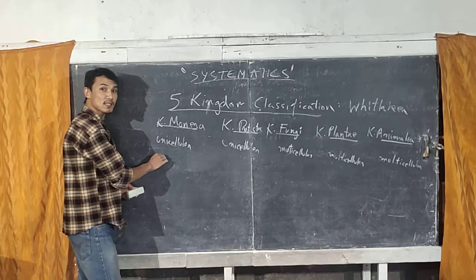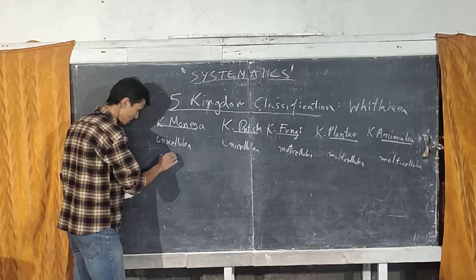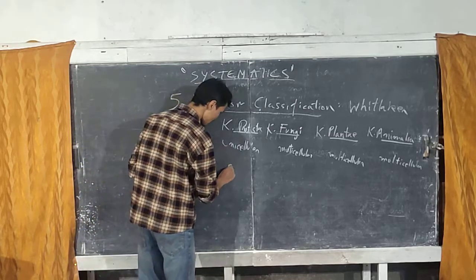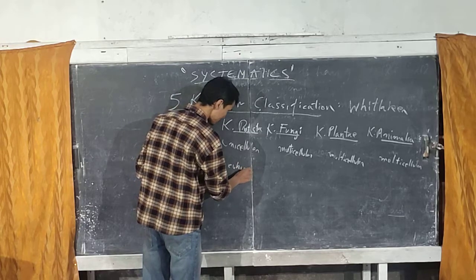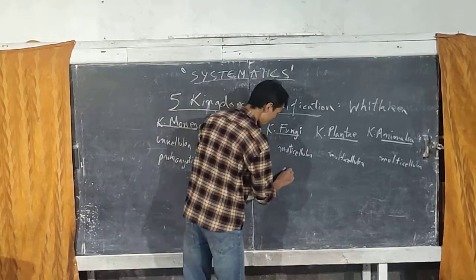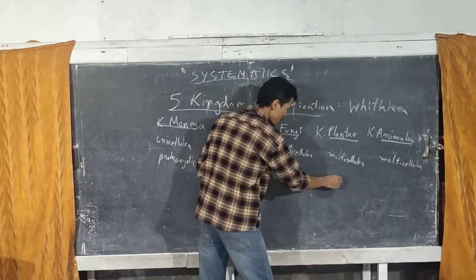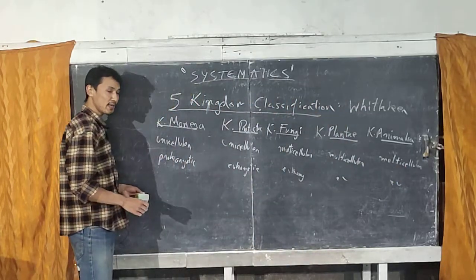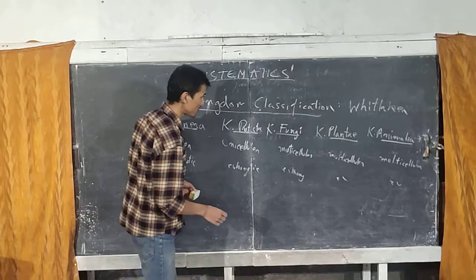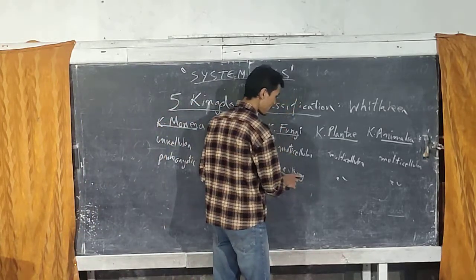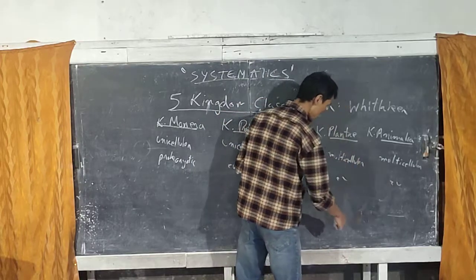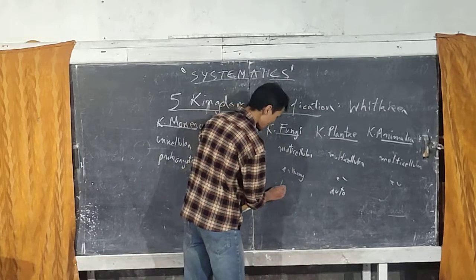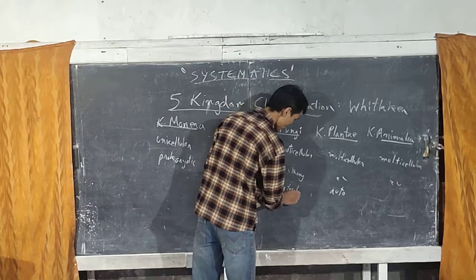Then next is the type of cell. Monera are prokaryotic, Protista are eukaryotic, and the rest are eukaryotic. Next is the mode of nutrition among fungi, plantae and animals. Plantae are basically autotrophic. The others are heterotrophic.